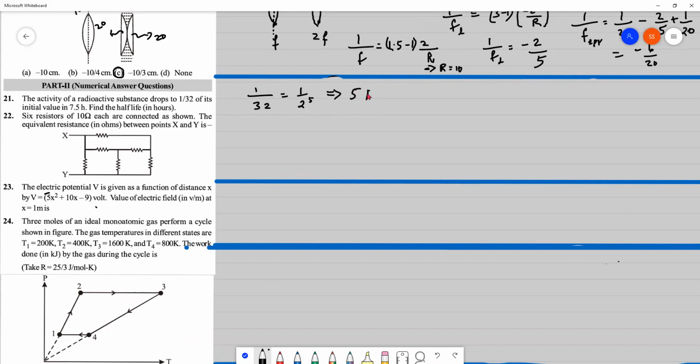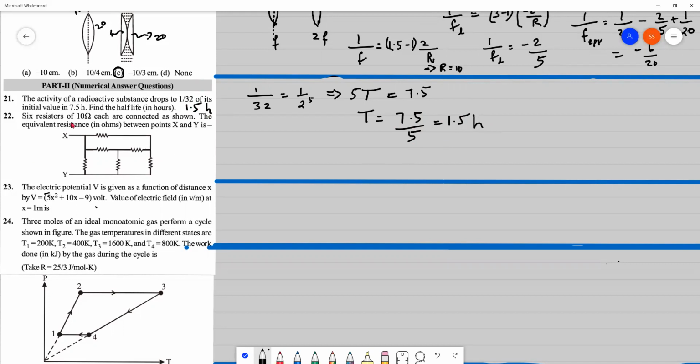So one half-life T is 7.5 divided by 5, which is 1.5. T is equal to 1.5 hours.